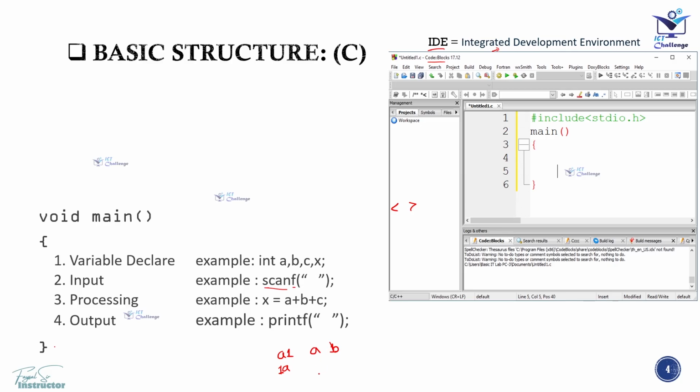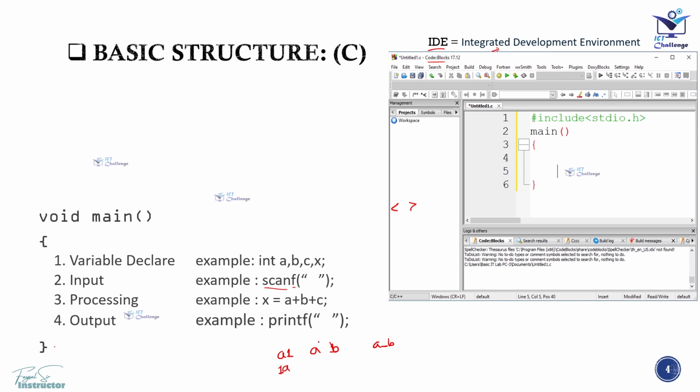But you can write A underscore B, this is allowed. Also the variable name should be within 31 characters, not more than 31 characters. So there are some specific rules, then you can declare any kinds of variable.